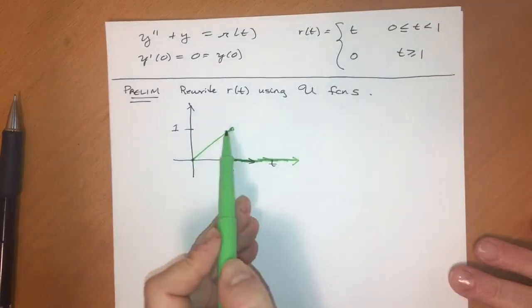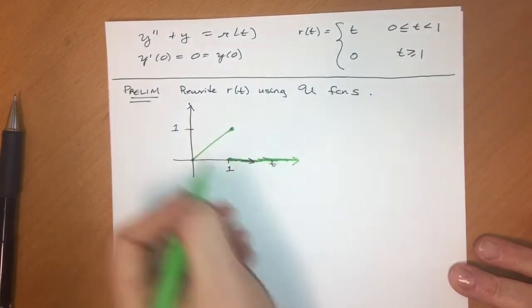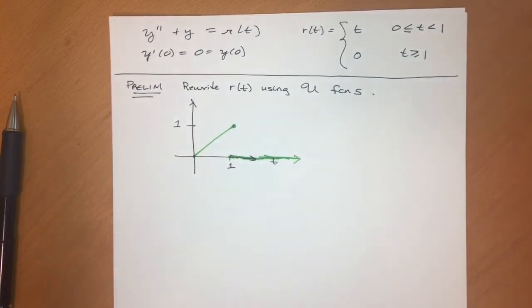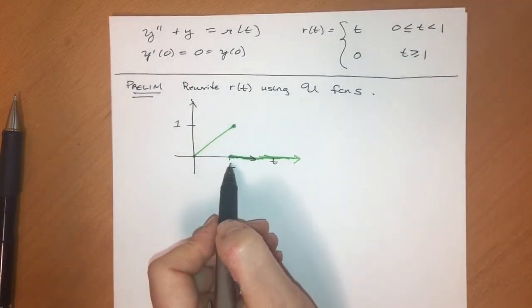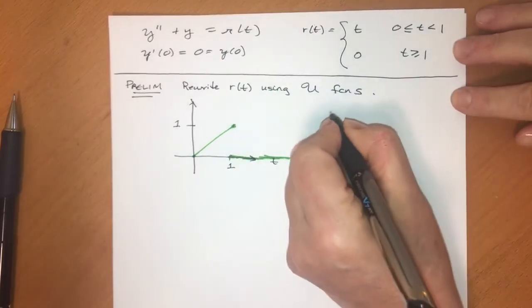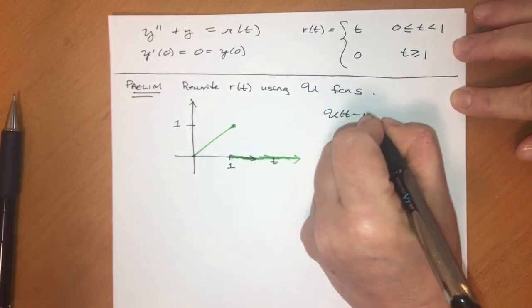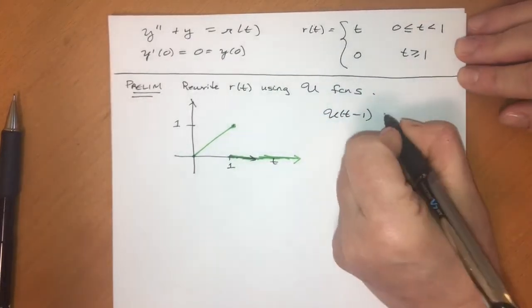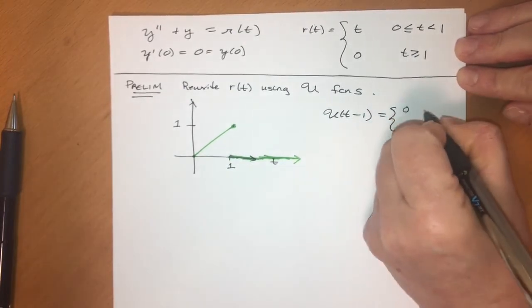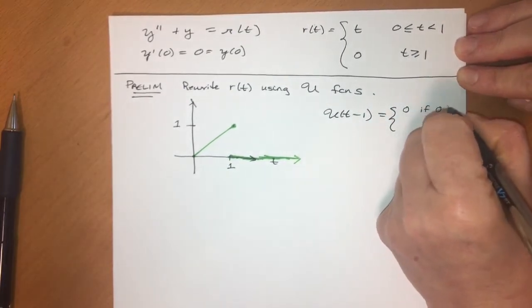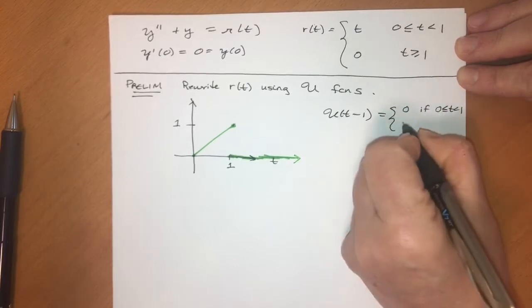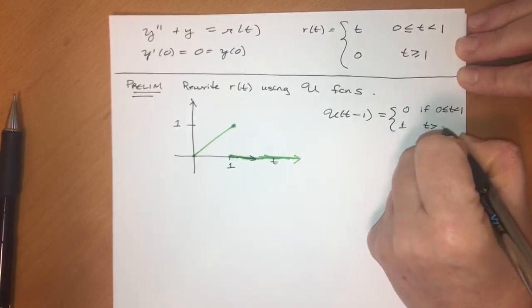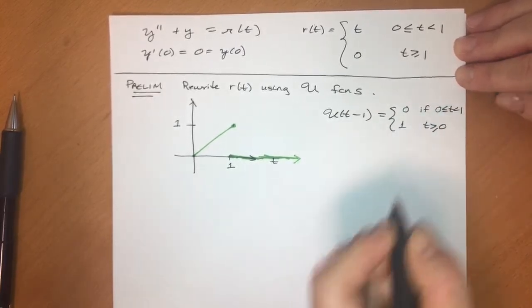So I need to figure out how to write this using my unit step functions. Because the change is happening at 1, I know for sure that I'll want to use this beast. But remember that this beast is 0 until you hit 1, and then it turns on. And that is the opposite of what we want.